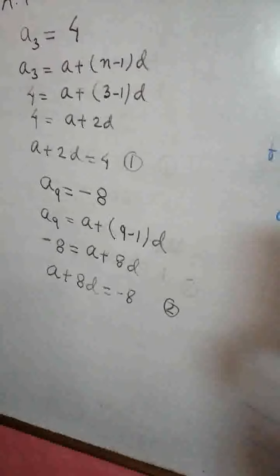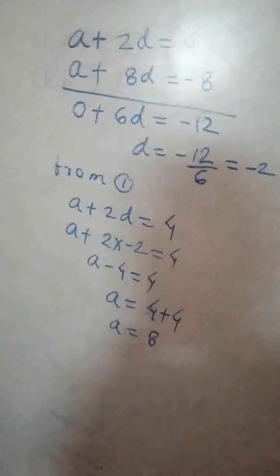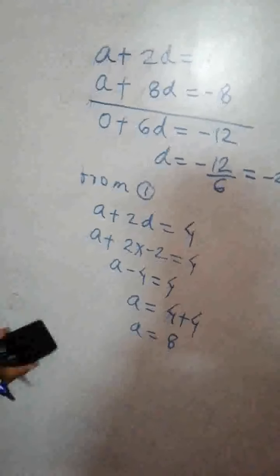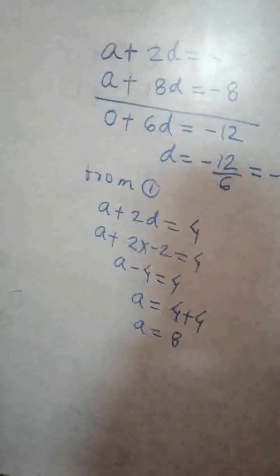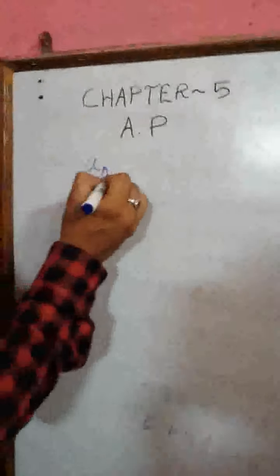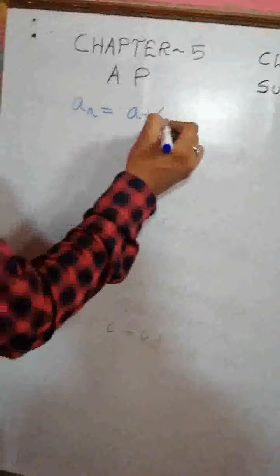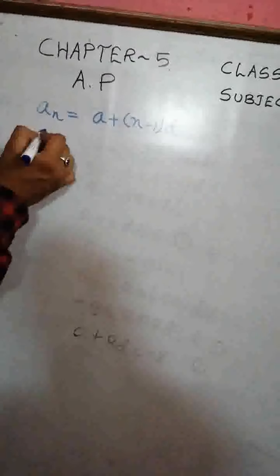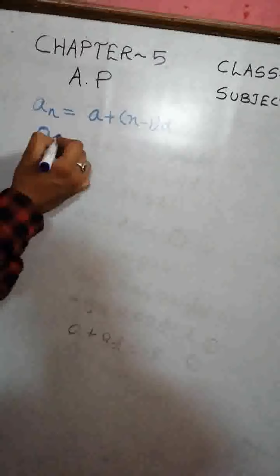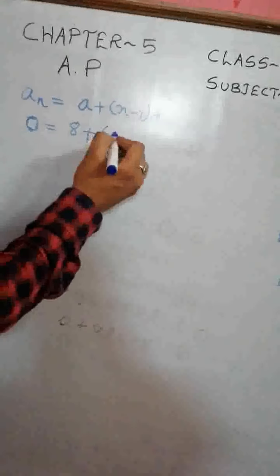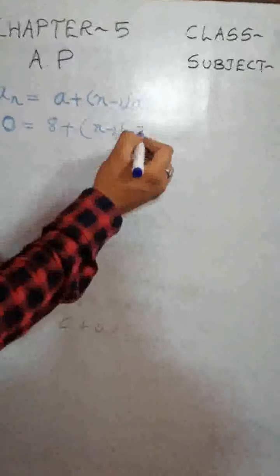Now we are supposed to find which term of the AP will be 0. So in this question we will use the same formula, an equal to a plus n minus 1 d. Now it is asked which term of the AP will be 0, so an will be 0. A is given as 8 and d is minus 2.